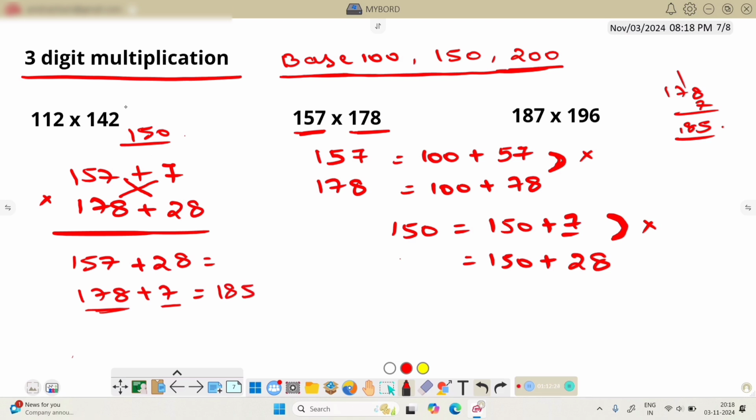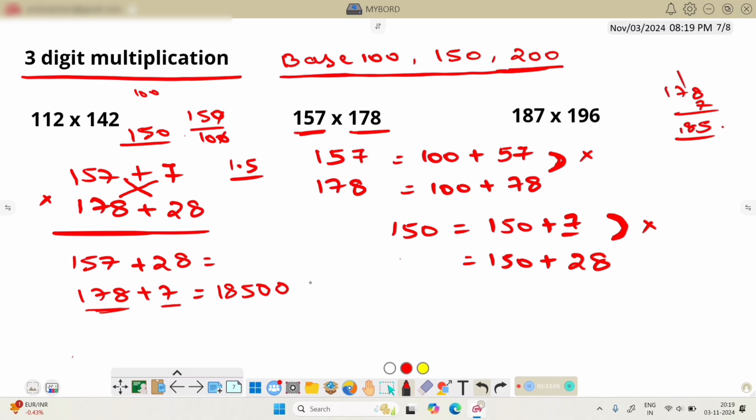Okay, previously the base was 100, so you just wrote 00 here. Here the base is 150, so what you will do is you just keep two zeros here and you just halve this number, 18500. You just halve. That means you are multiplying 18500 into 1.5. That's it.